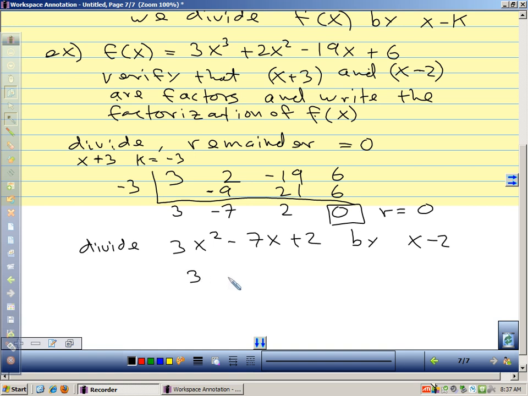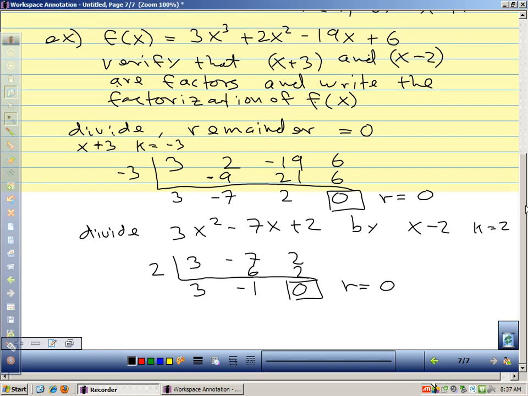So I'm going to say 3, minus 7, and 2. And here k equals 2. So 3 times 2 is 6. Negative 7 plus 6 is negative 1. And I get 2. And my remainder is 0. So this shows that x minus 2 is also a factor.